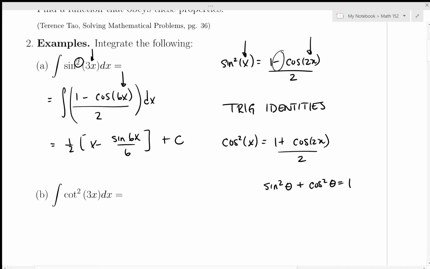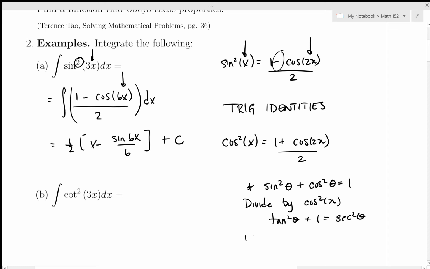So we can divide both sides by cos squared, and that will get me the other identity, which is tan squared theta plus 1 equals secant squared theta.